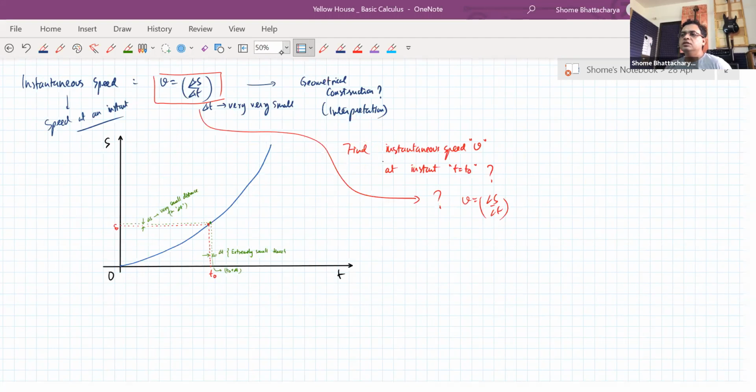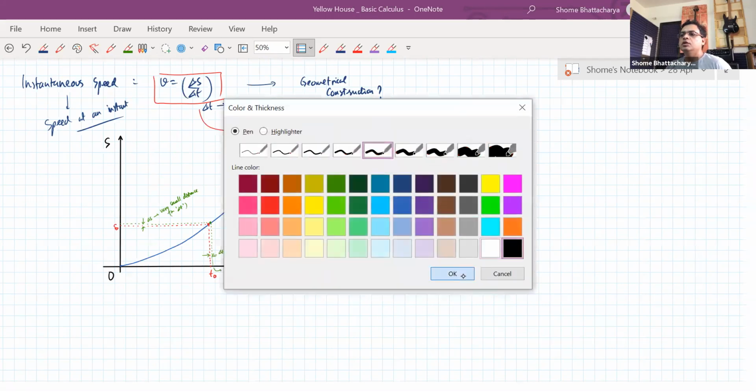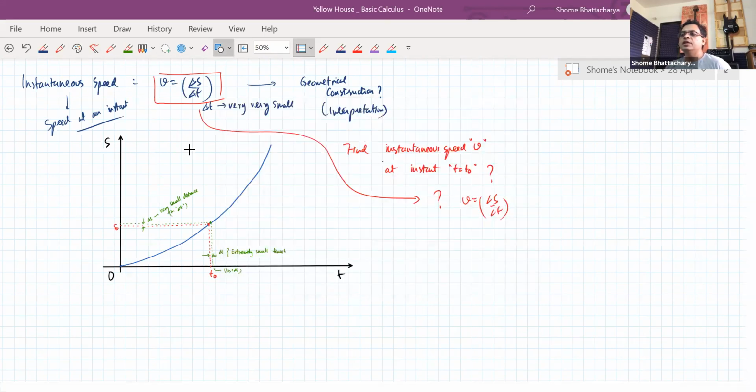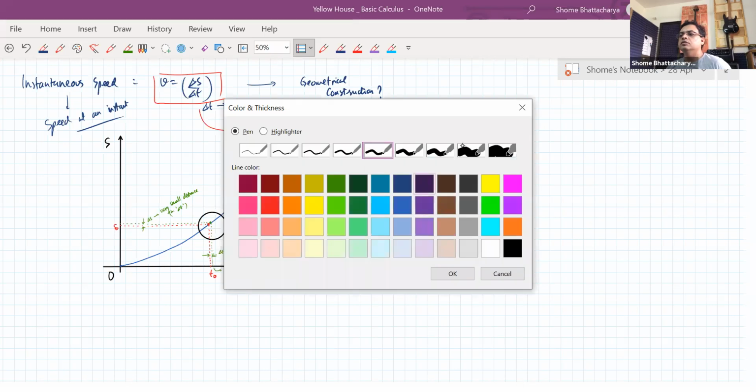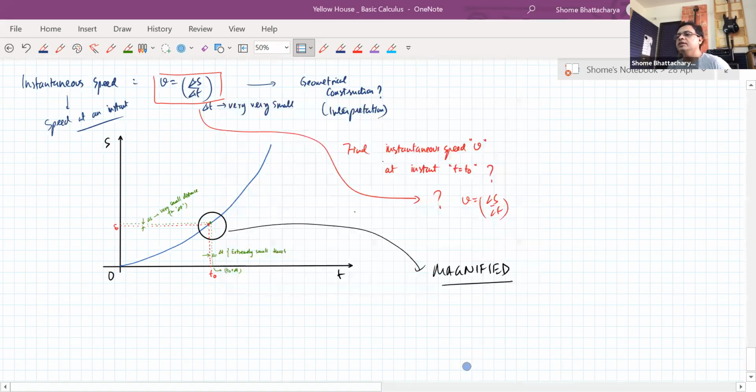Further, if I were to magnify this diagram by a huge amount, if I were to put this under my magnifier and understand how this looks, I realize that the curve, as I'm magnifying it several times, is like this at that point.